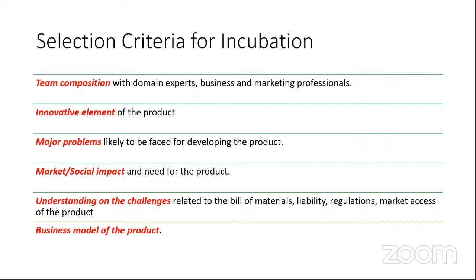You are not publishing a paper, you are actually trying to implement the idea in product form. So realizing a product from the idea stage will require different types of expertise down the line. Each and every member of the team must perform flawlessly. So team composition is a very important thing.